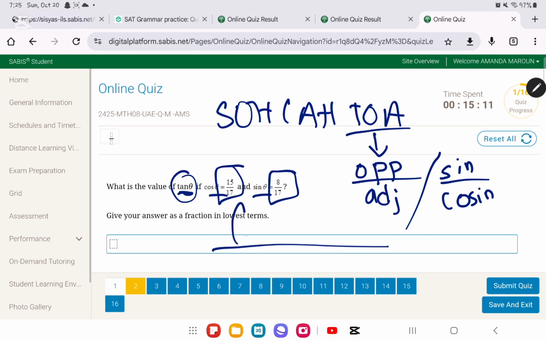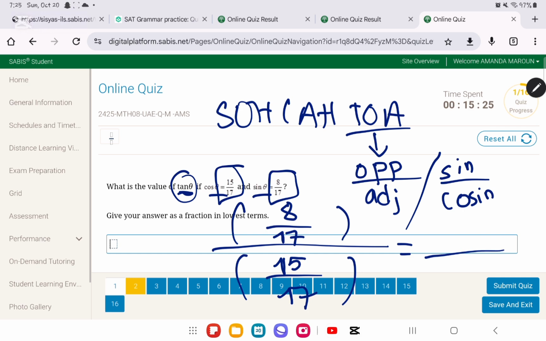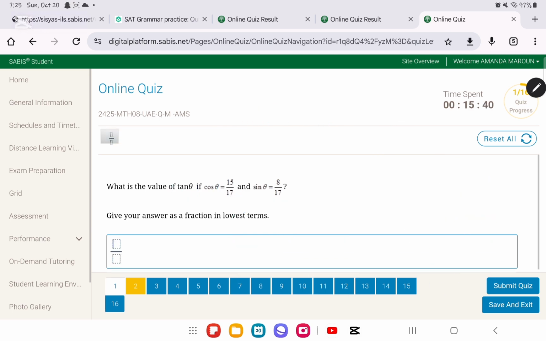So it's going to be, if you're going to do it on your calculator, put the brackets, 8 over 17 divided by 15 over 17. And then if you do it on your calculator or mentally, however you like to do it, you will get 8 over 15. So our answer is 8 over 15.